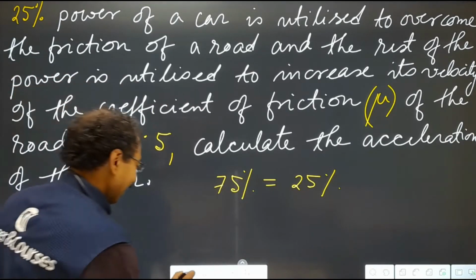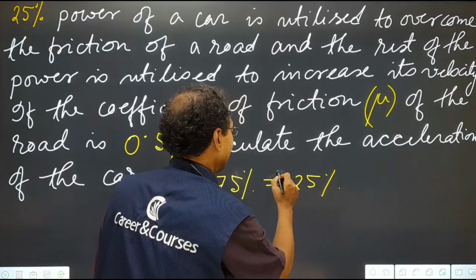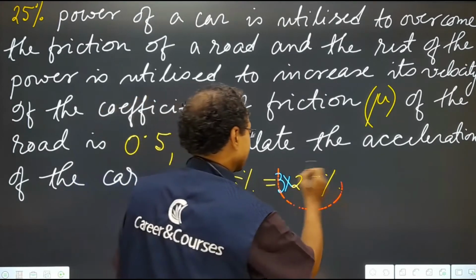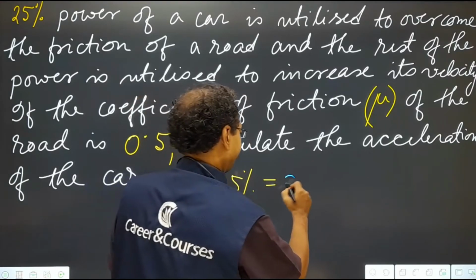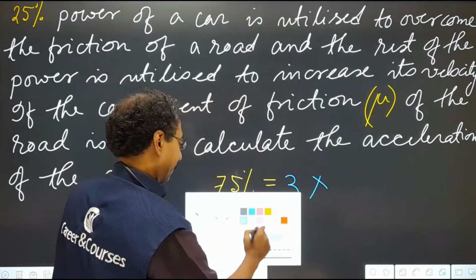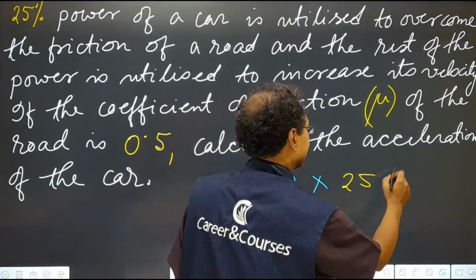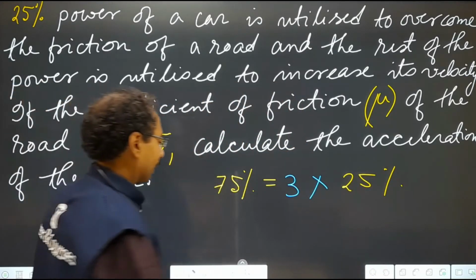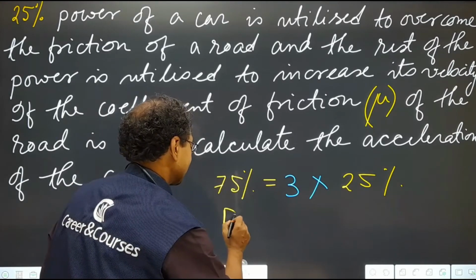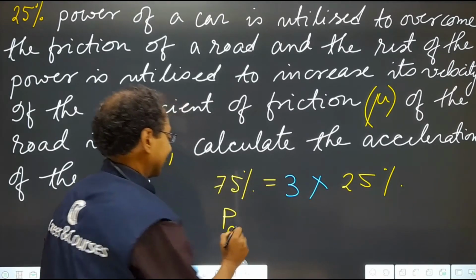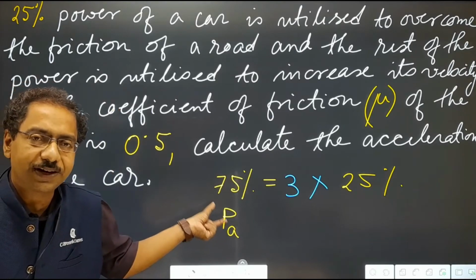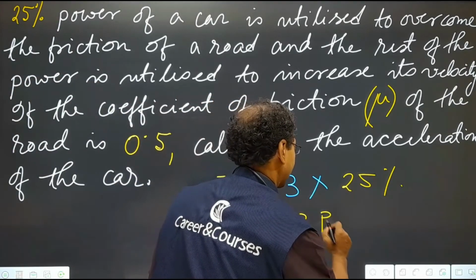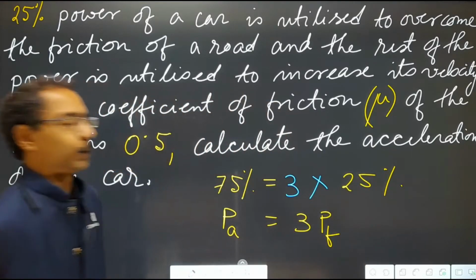Never. We can write it in this way, multiply 25 by 3. So it comes 3 into 25%. Yes, now both sides can be equal. So this power is to increase the velocity of the car, that means the power to accelerate the car. And this power is to overcome the friction of the road.